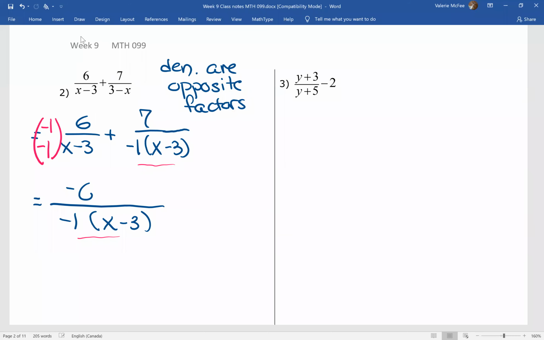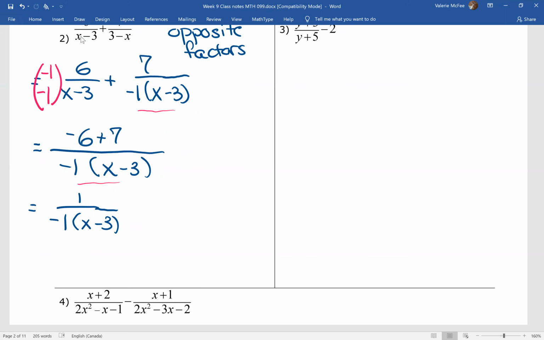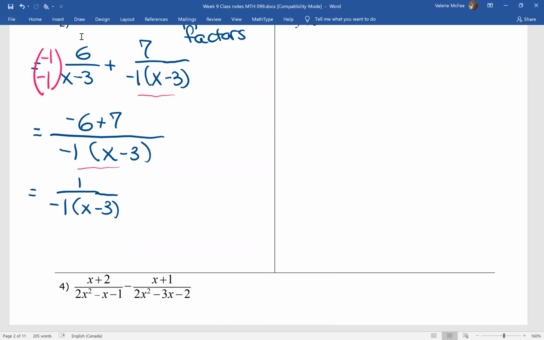So we have negative 6 plus 7 all over x minus 3, which equals 1 over negative 1 times x minus 3. I don't want to leave that negative 1 in the denominator. There are a couple of different ways you could write this answer.